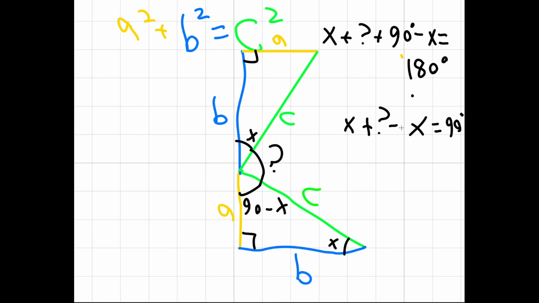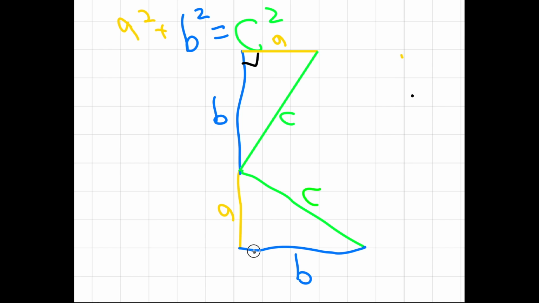Okay. So now these two cancel out because it's negative x and x. So we get question mark is equal to 90. Yay. So now we have proved that this is a 90-degree angle.